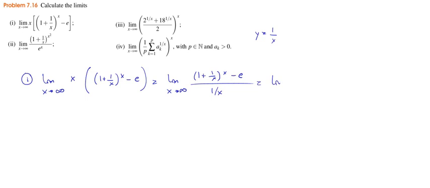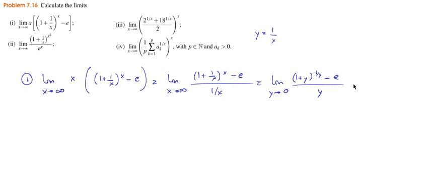So we do the limit when y goes to 0 of (1 plus y)^(1 over y) minus e, divided by y. Okay, so again we have when y goes to 0, this is going to be e, because it's the same thing, and so e minus e divided by 0.